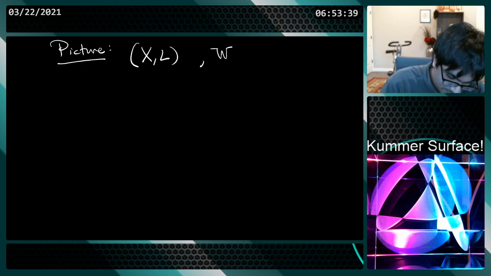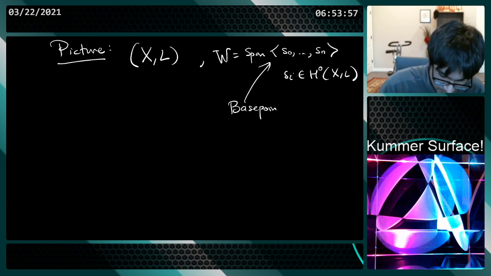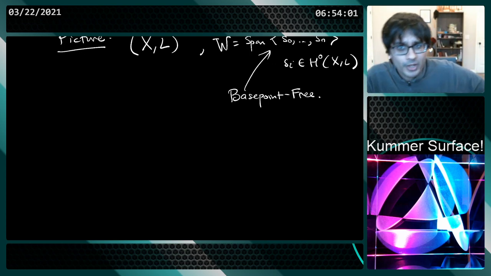Suppose you have a line bundle with a base point free linear system on it. Then you get the following thing.